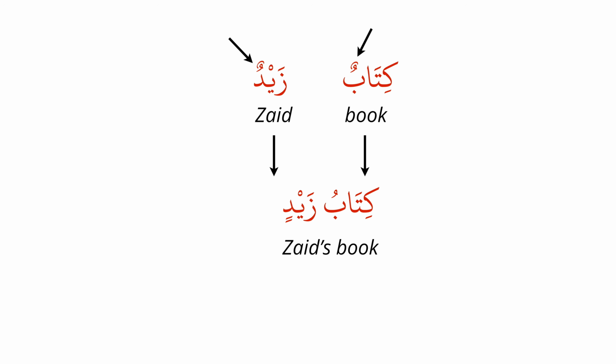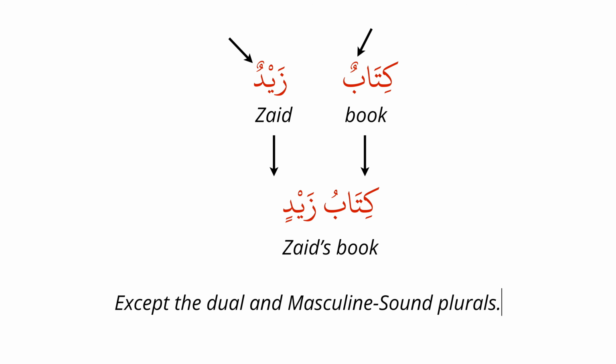This rule is applicable on all the nouns except the dual nouns and masculine sound plural nouns because they end on noon. For example, if we have dual form of a noun, say Kitabani meaning two books, and the noun Zayd, you see that the noun kitabani ends on noon.